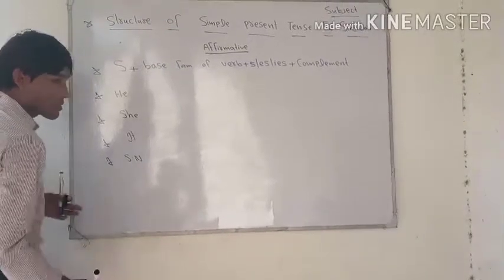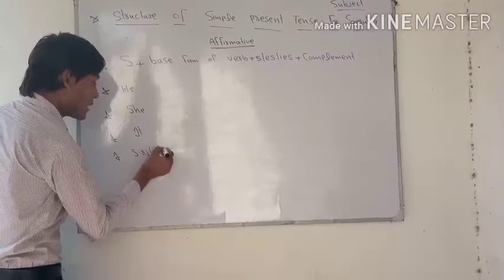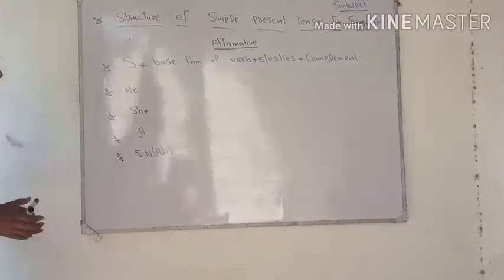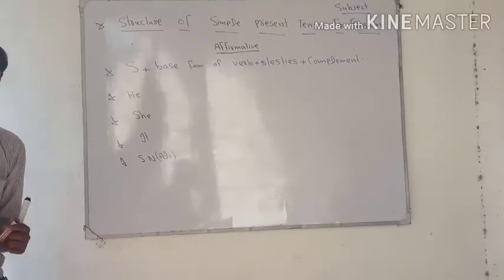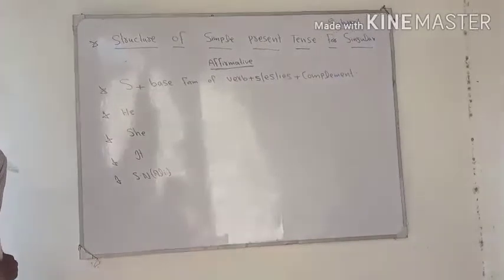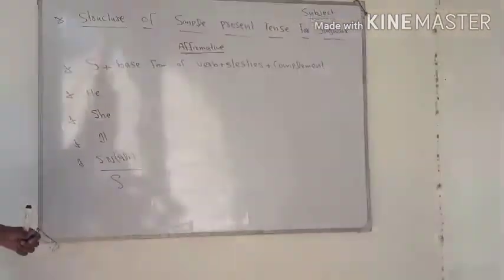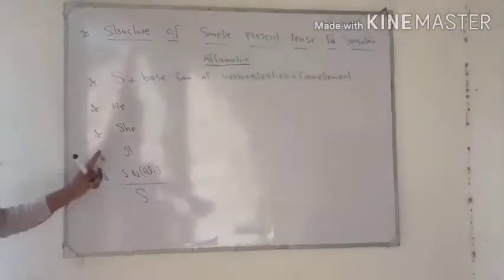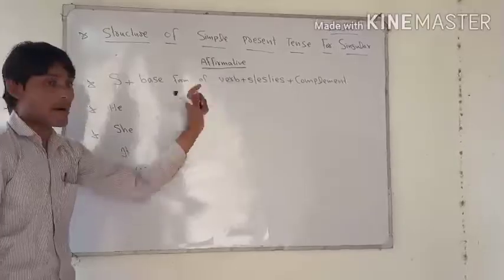Singular noun means a single noun, like for example Ali, Umar, etc. Now if I want to make a statement of simple present tense, first of all I need to choose a subject. These are called subjects. This singular subject will be followed by a verb.